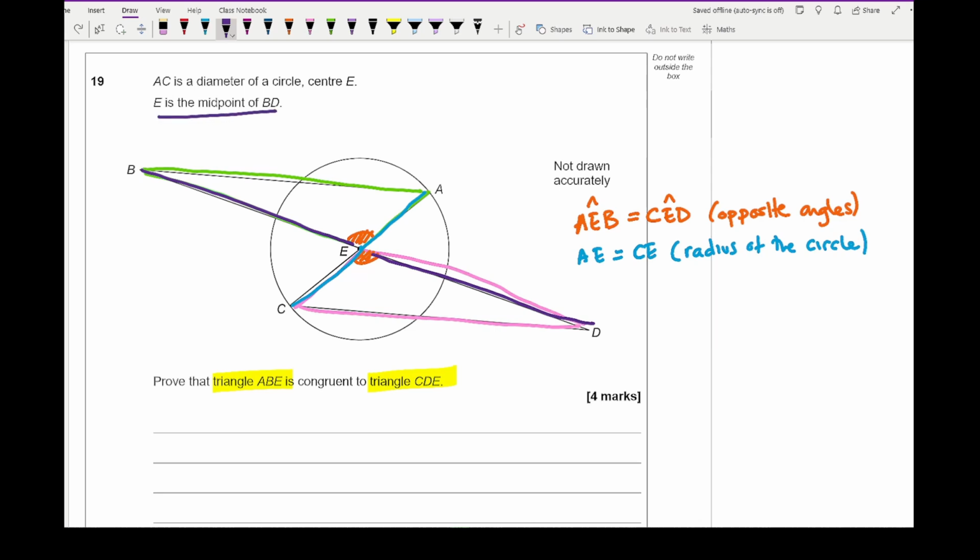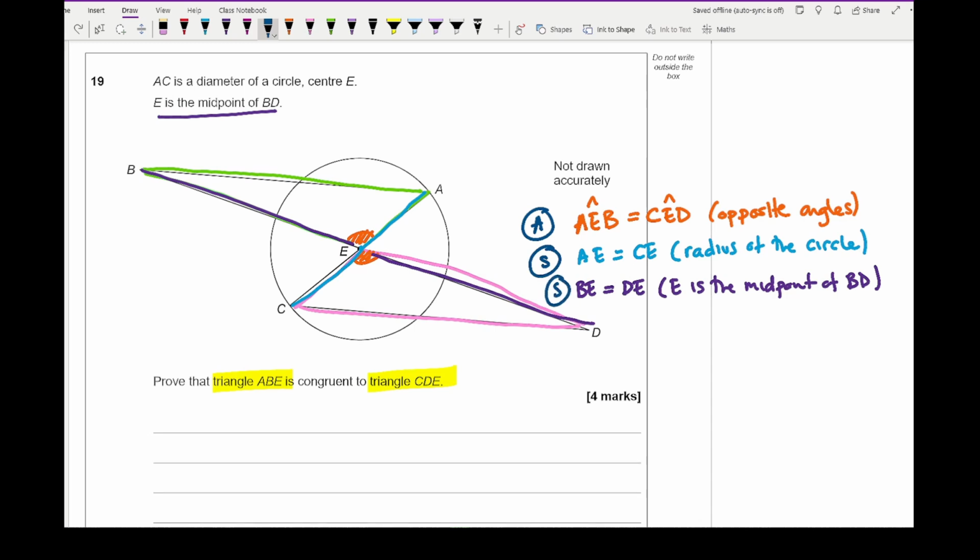So we know that BE is equal to DE or ED, as E is the midpoint of BD. So then using our geometric notation, we've proved that an angle is the same, we've proved that a side is the same, and another side the same.